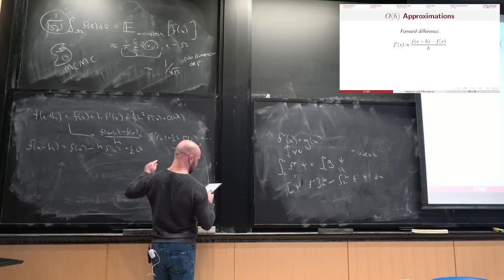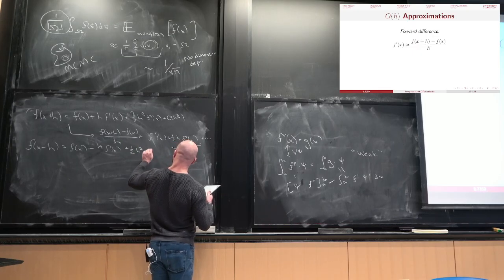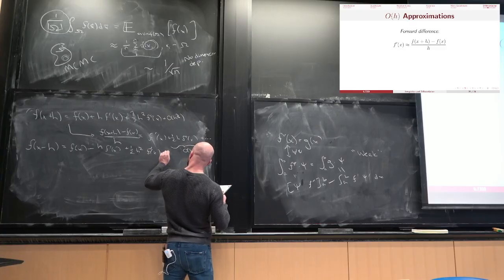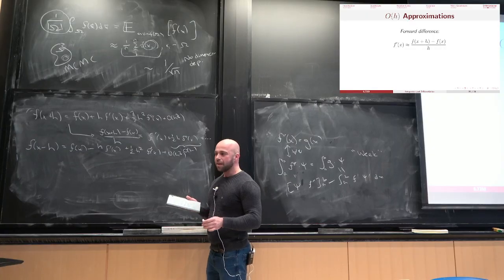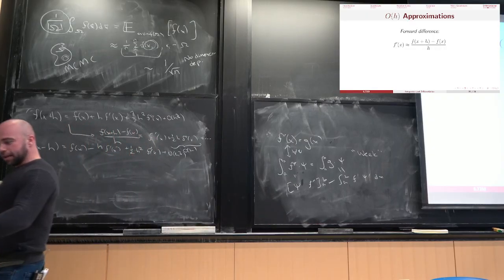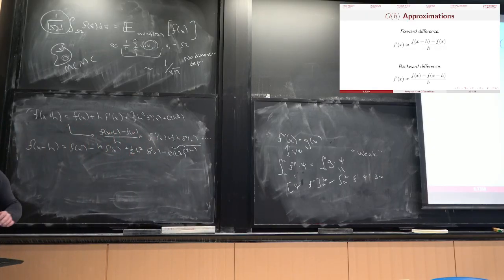I promise there's a reason why I'm writing these extra terms. Notice that this already leads to a second approximation of the derivative, which I'm not even going to bother writing on the board, which is the backward difference, which unsurprisingly has the same order of accuracy. Everybody agree with me? Okay, good.